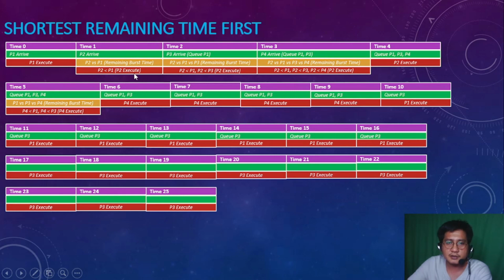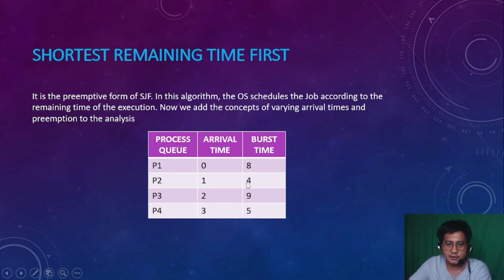In this, because process 2 has been executed at around time 1, we have to deduct 1 time slice from process 2. So process 2, which had a burst time of 4, now becomes 3, while the burst time of P1 is still 7.